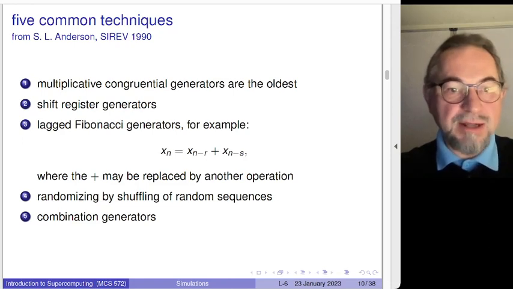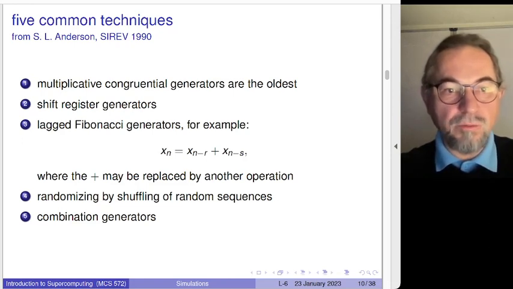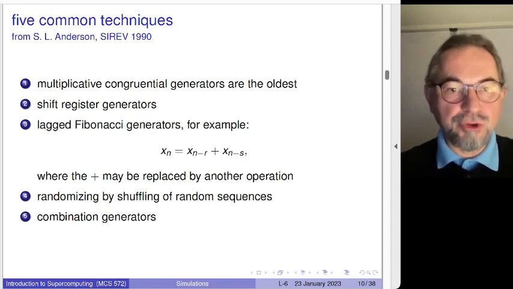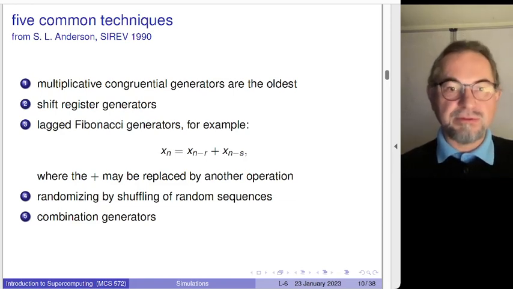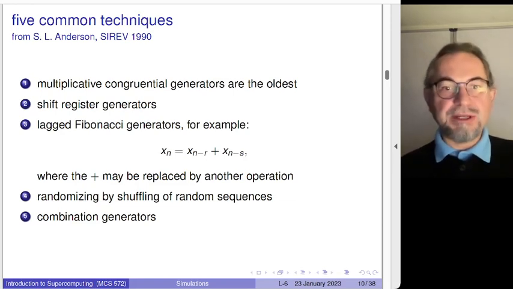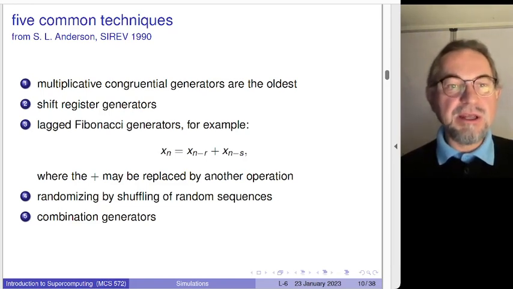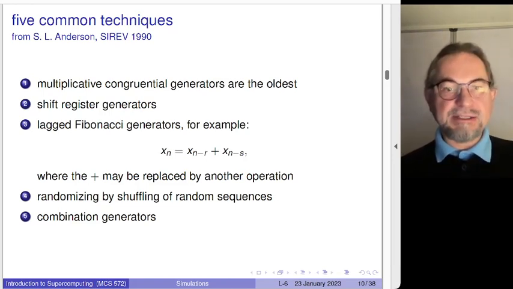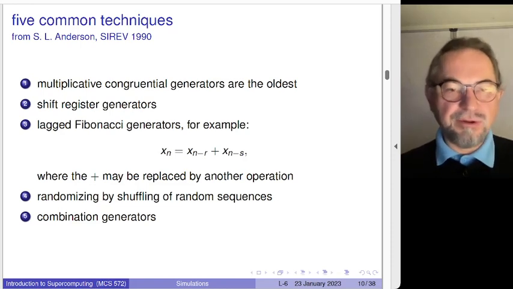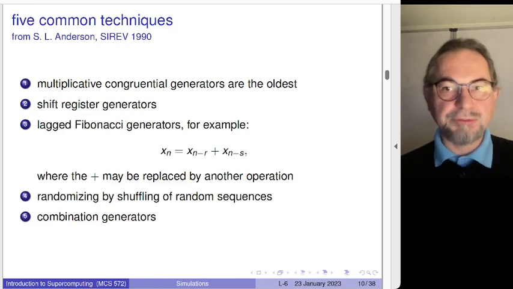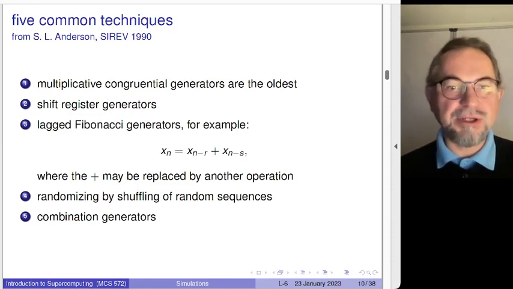Other random number generators are what are called lagged Fibonacci generators. So I forgot here the modulus, but the Fibonacci numbers are obtained by adding the 2 last numbers in a sequence. Here you pick an R and an S, and you have to do the modulus operator, but instead of plus, you can also do subtraction, you can do multiplication.